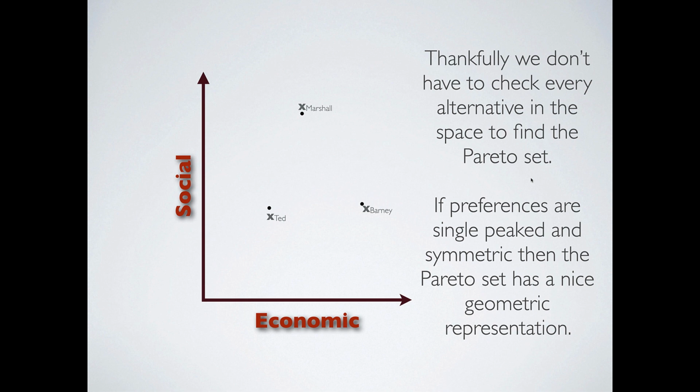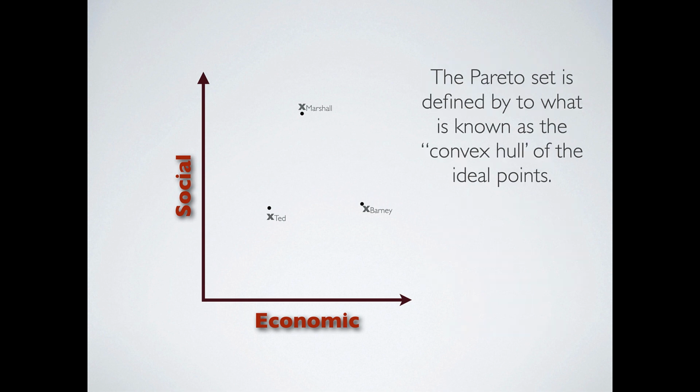If preferences are single-peaked and symmetric, and they will be for this class, then the Pareto set has a very nice geometric representation. The Pareto set is defined by what's known in geometry as the convex hull, and it's the convex hull of the ideal points.